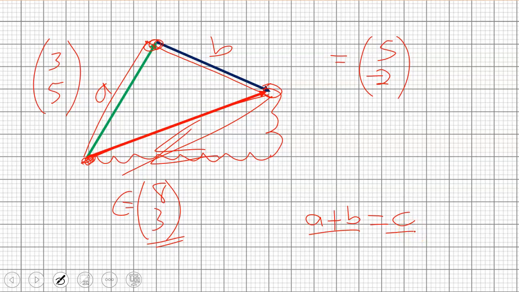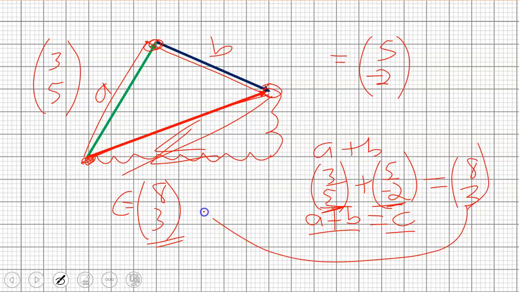And using algebraic means, when we have vector A plus vector B, vector A gave us (3, 5), vector B gave us (5, -2). Let's see this addition. In adding vectors algebraically, we add the x components and we add the y components. The x component: 3 plus 5 is 8, and then 5 plus -2 will give me 3.